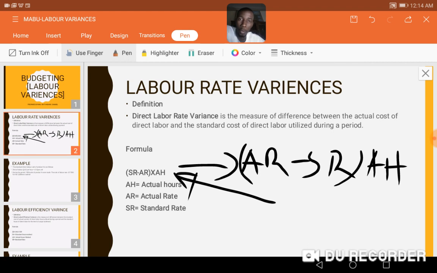I've told you why in the previous video, but let's try to incorporate this formula on a question.